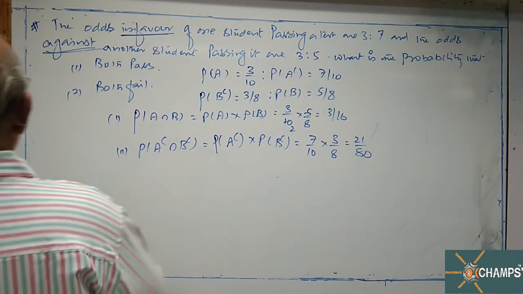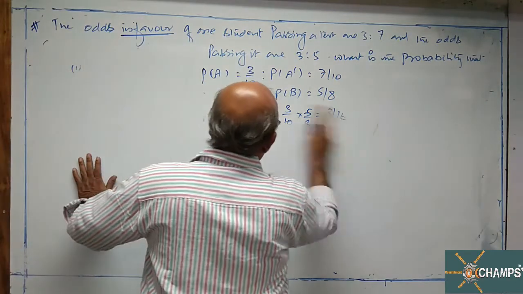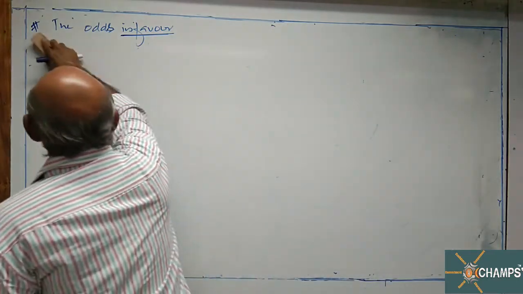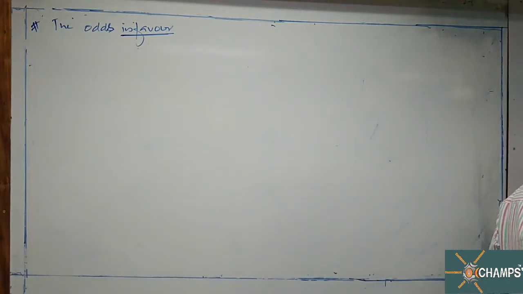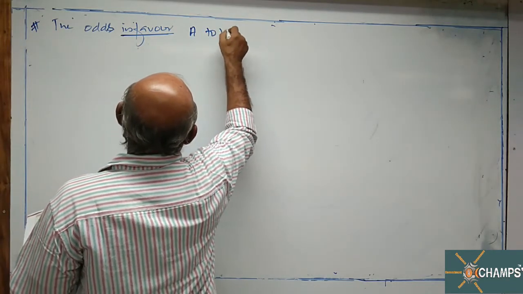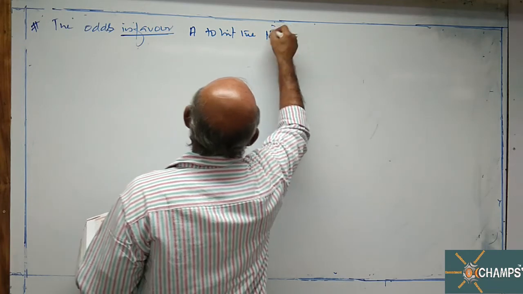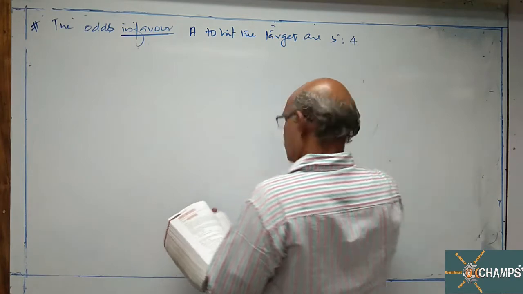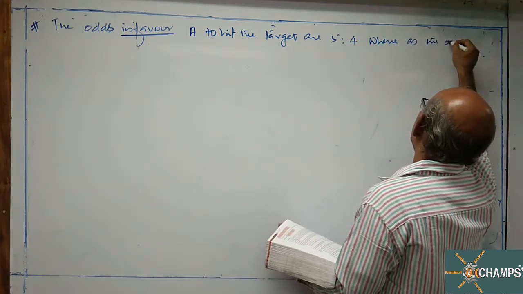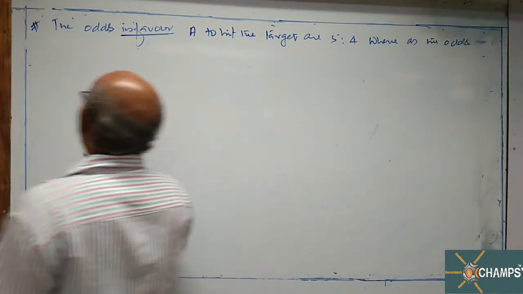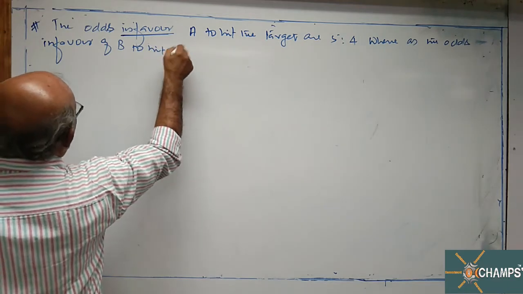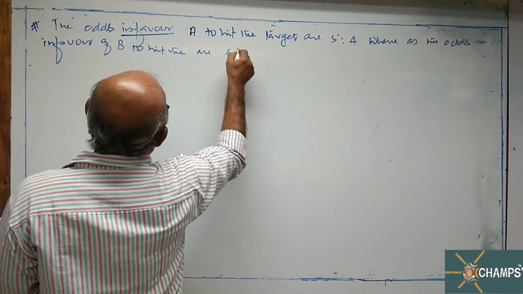Okay, sir. Let's go for the next question. The odds in favor of A to hit the target are 5:4, whereas the odds in favor of B to hit the target are 6:4.